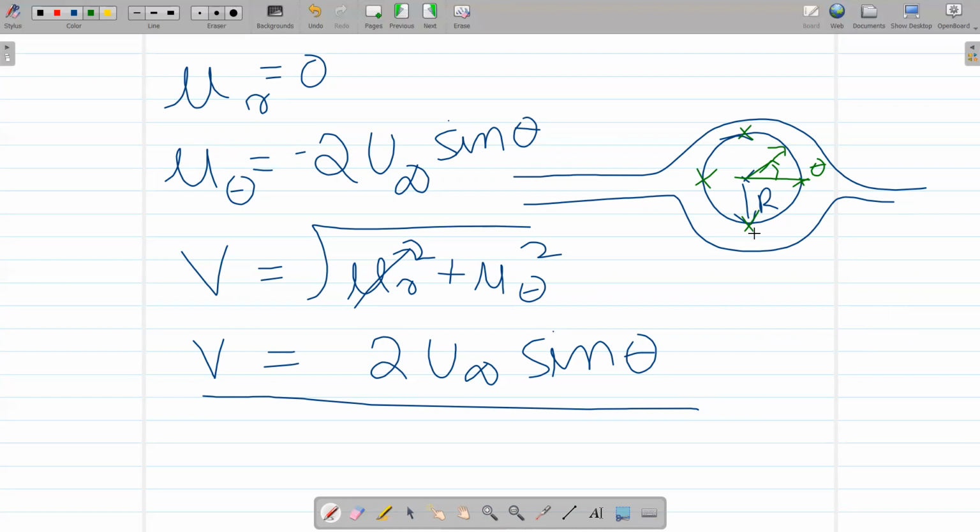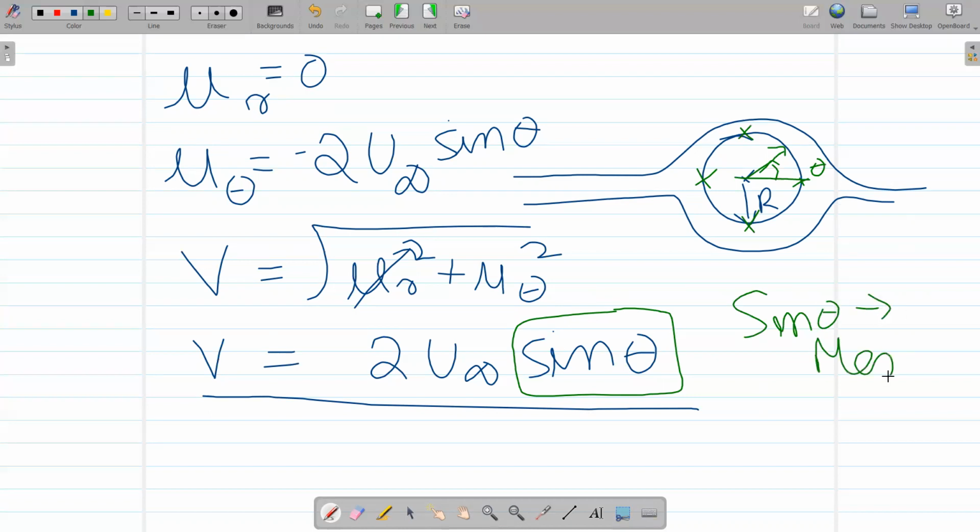So you can easily find that the maximum velocity will occur at a point where sine theta is the maximum. We know that the sine theta maximum value is 1, and that basically occurs one at 90 degrees and one at 270 degrees, or 3 pi by 2.